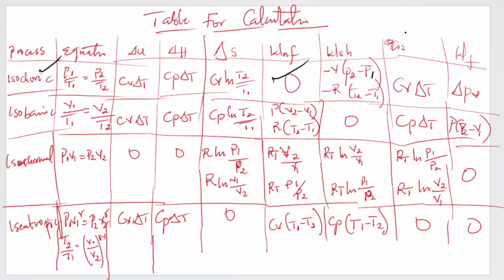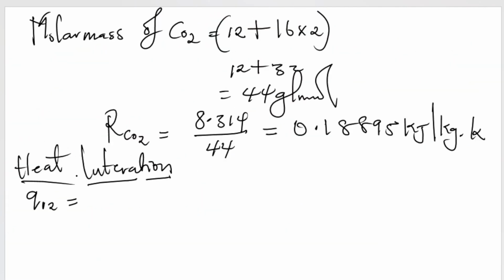Now from our table for the isochoric process, for state 1 and state 2, if you want to calculate the heat, you simply have the formula CV change in T. This is the formula we have to consider. What is this telling you?